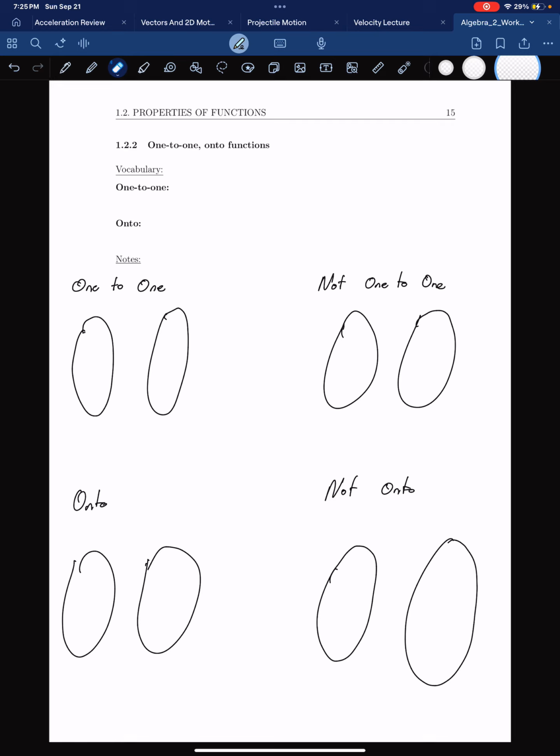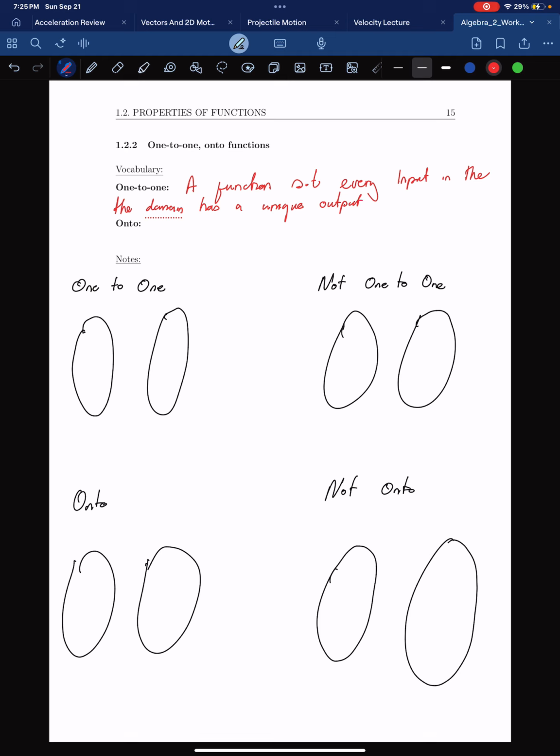So what's a one-to-one function? A function such that every input in the domain has a unique output in the range.